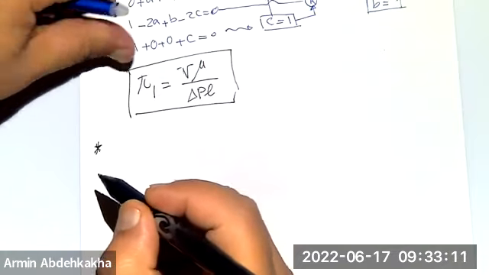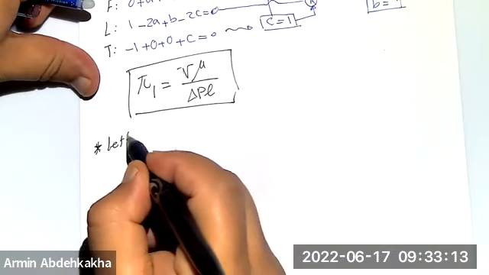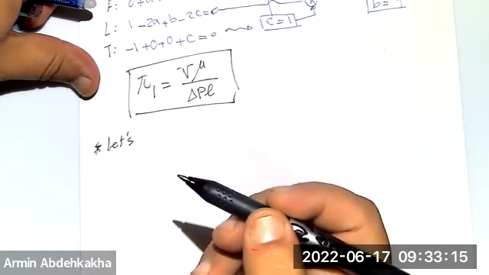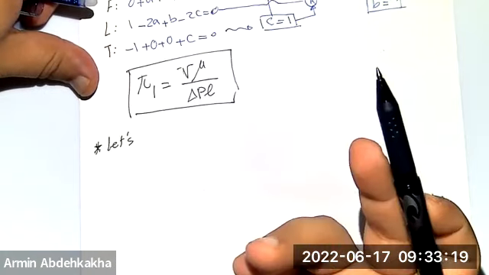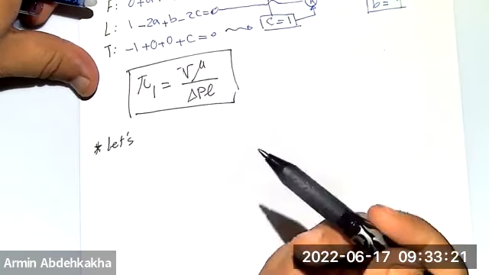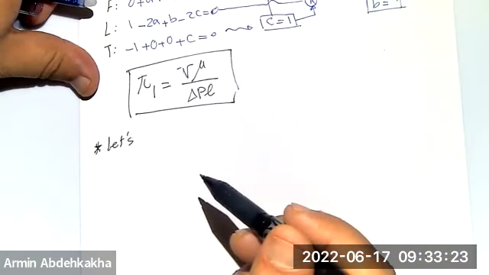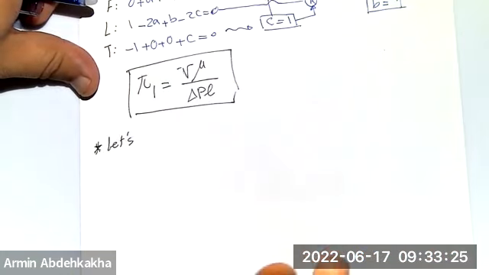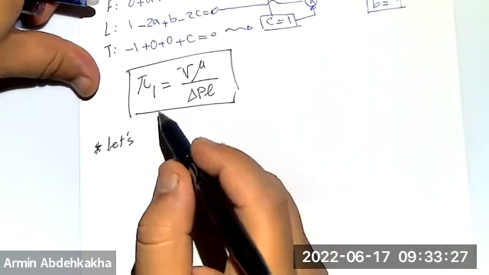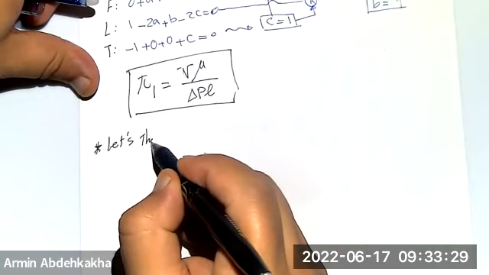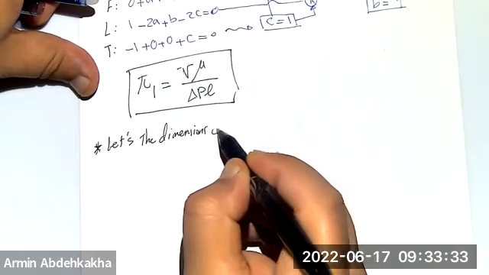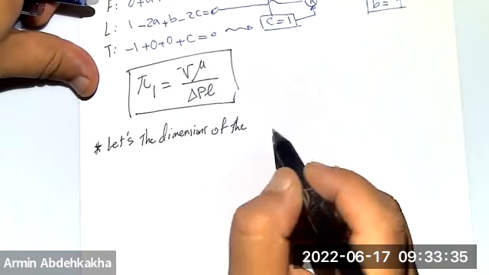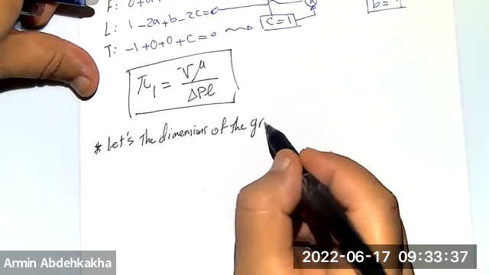This is not a step in the pi theorem, but checking is also helpful when you don't know whether you did the calculation correctly or not. So check the pi terms' units and make sure that they are unitless, okay? Check the dimensions of the pi terms of the groups.